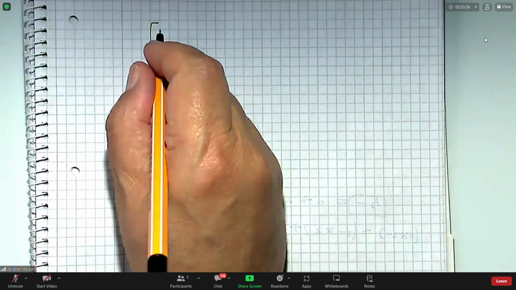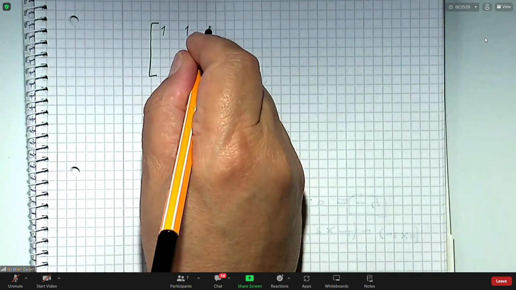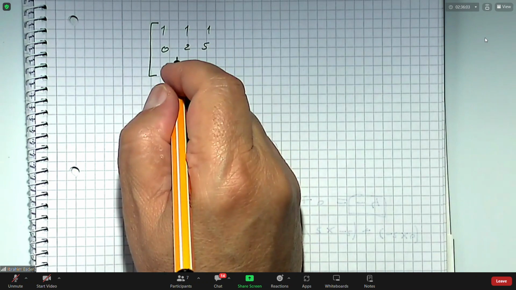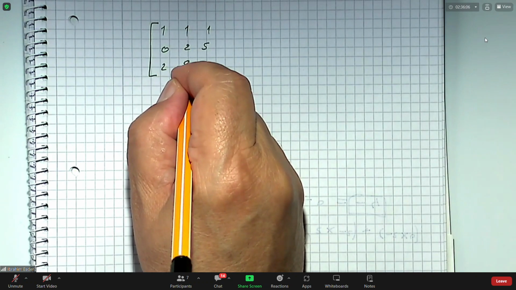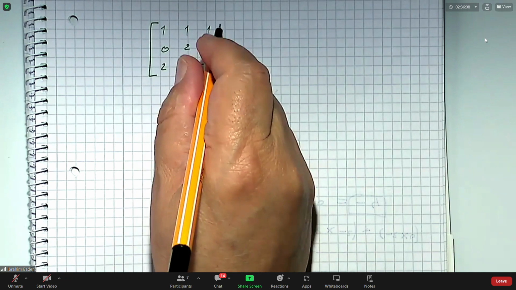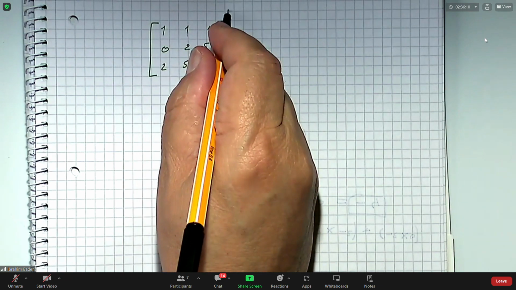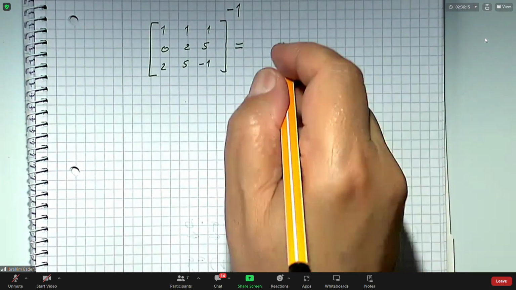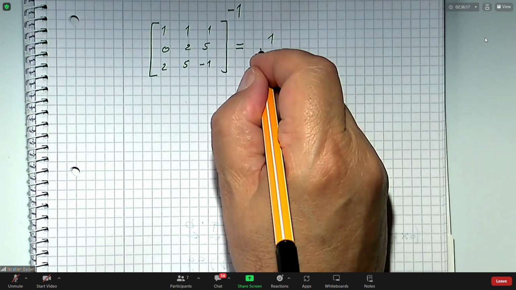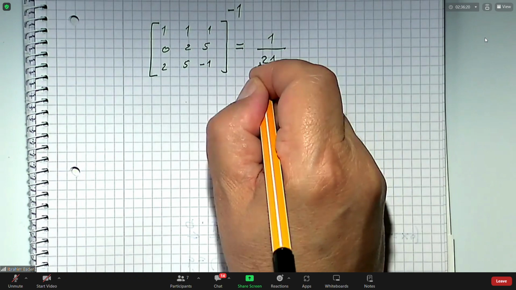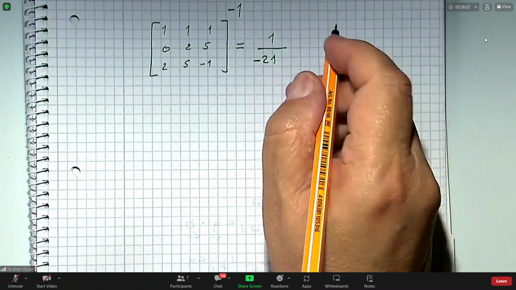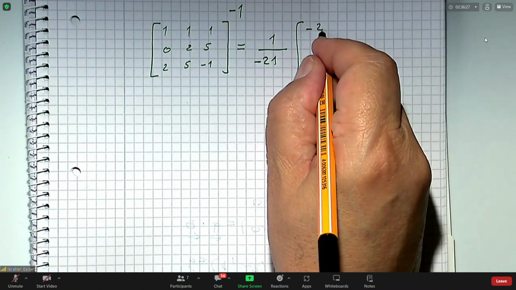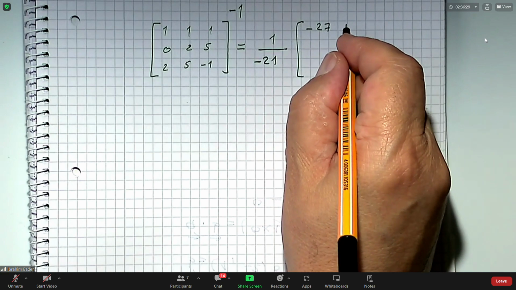Okay, so here 1, 1, 1, 0, 2, 5, 2, 5, minus 1. The inverse of this one is equal to 1 over, I think the determinant is minus 21, and here there's a formula for a 3 by 3 matrix that's used.